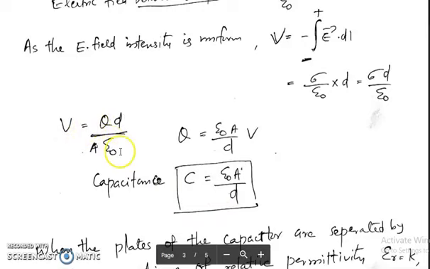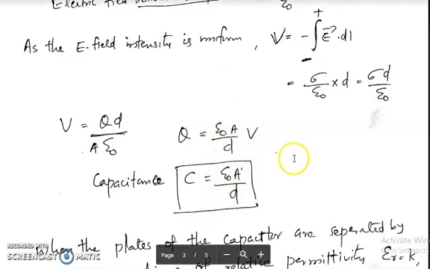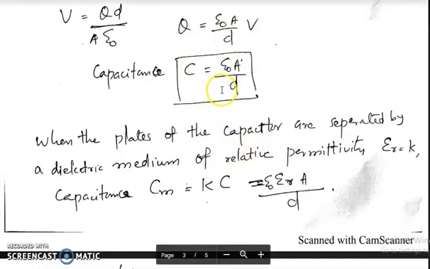So the capacitance is equal to epsilon 0 A by d, when the medium between the two plates is air.